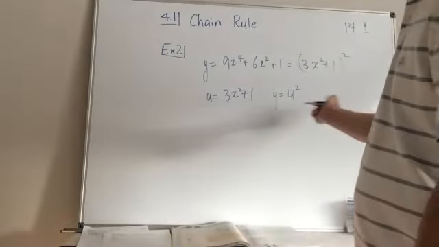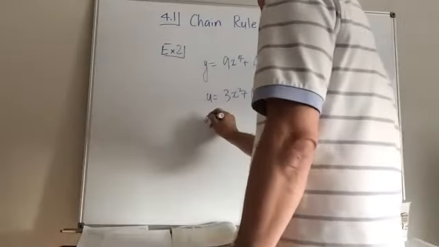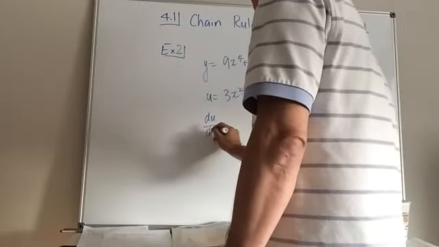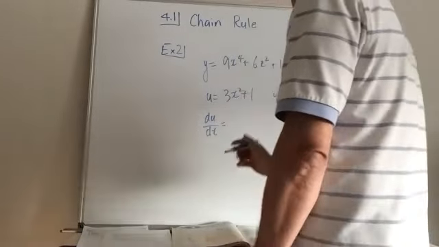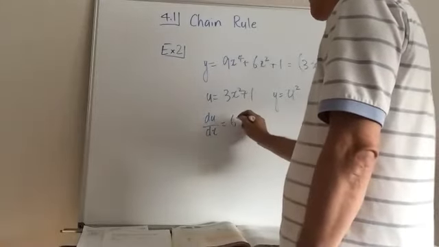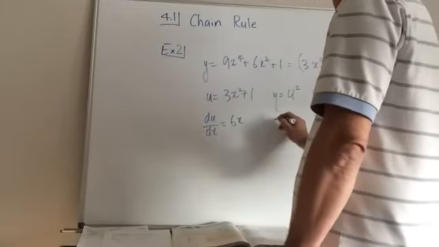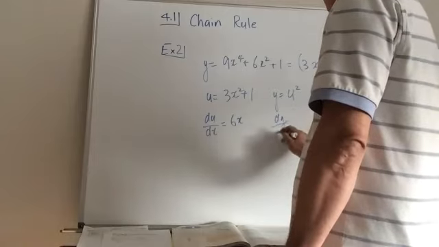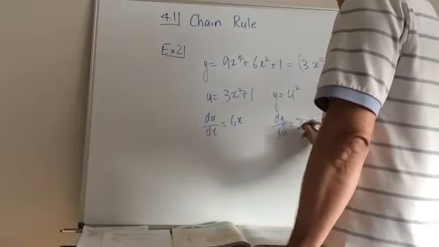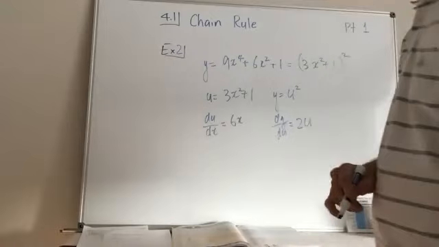Okay, let's do the same thing we did before. du/dx is equal to 6x. And dy/du is equal to 2u, right?